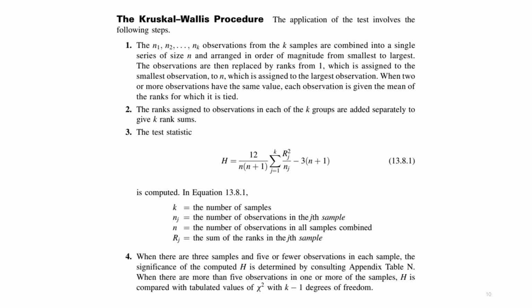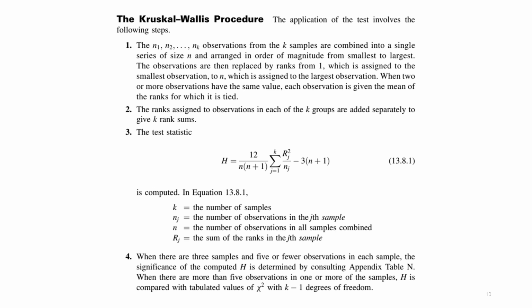The observations are then replaced by ranks from 1, assigned to the smallest observation, to n, assigned to the largest observation. When two or more observations have the same value, tied values, each observation is given the mean of the ranks for which it is tied. It is the same thing we did before. Second, the ranks assigned to the observations in each of the K groups are added separately to give K rank sums. Then we have the test statistic here.